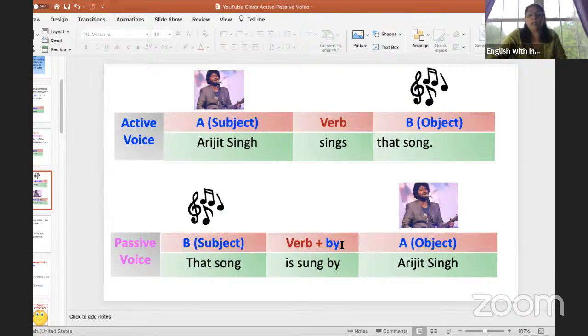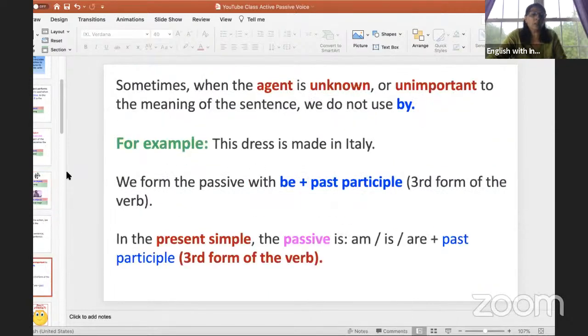Verb is plus by. That's what it is. Now, if you look at the next one, sometimes when the agent is unknown, that means we don't know, or unimportant to the meaning of the sentence, we do not use by.